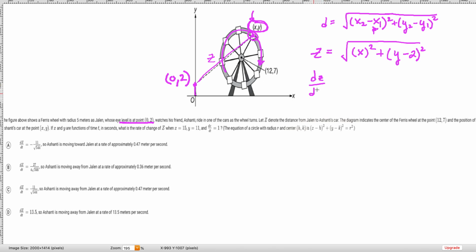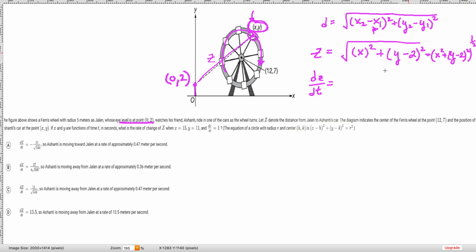When you differentiate this function, we have to be careful. This is the same thing as x squared plus y minus 2 squared, the whole thing to the 1/2.